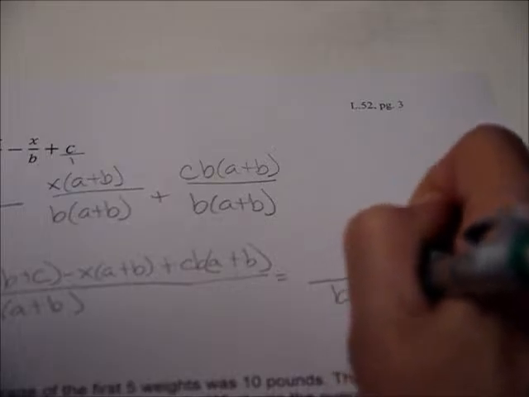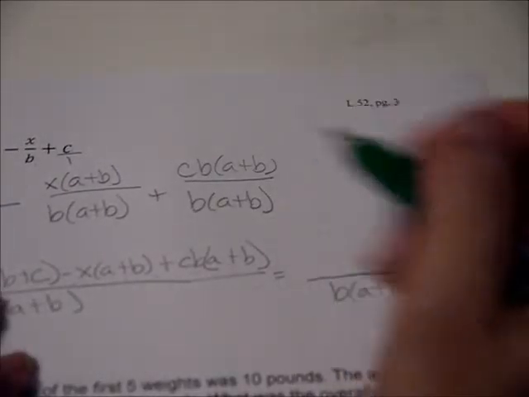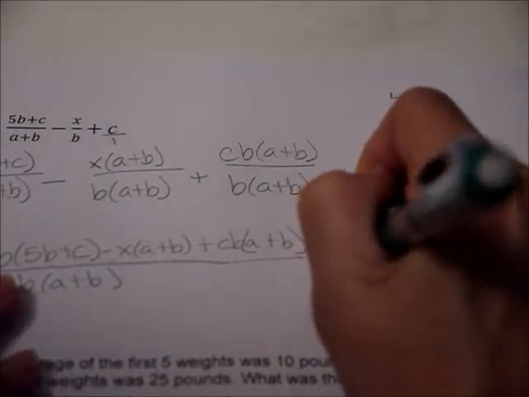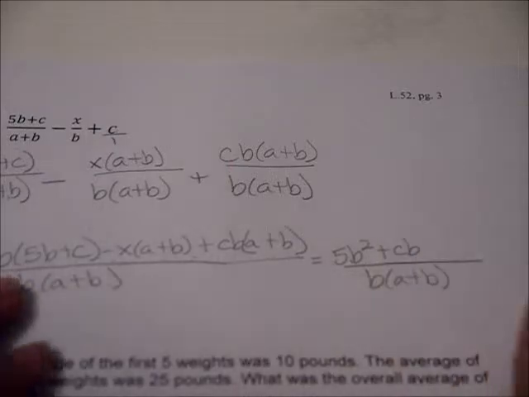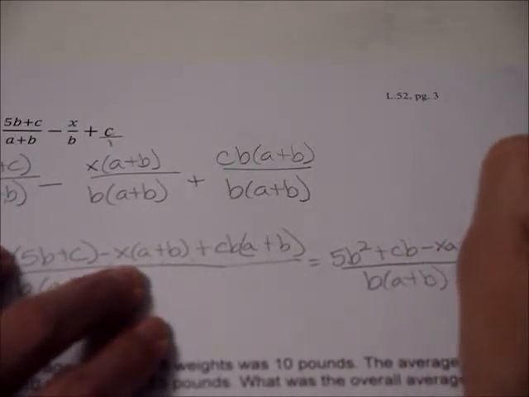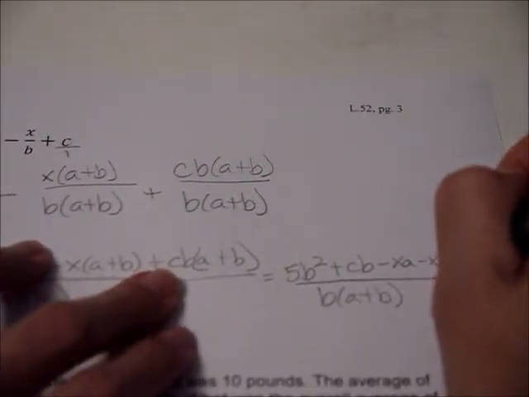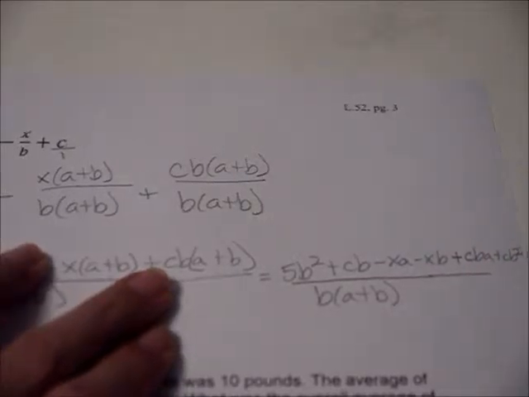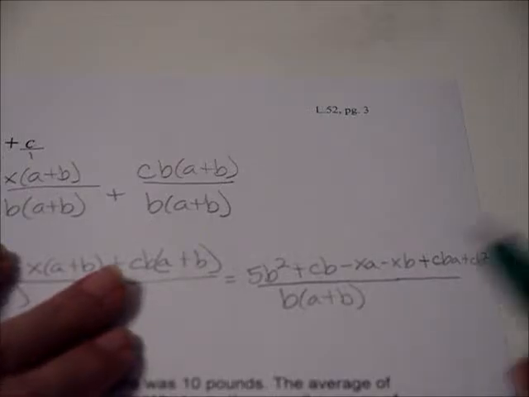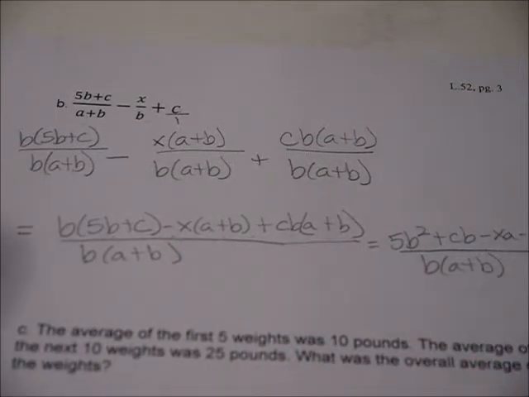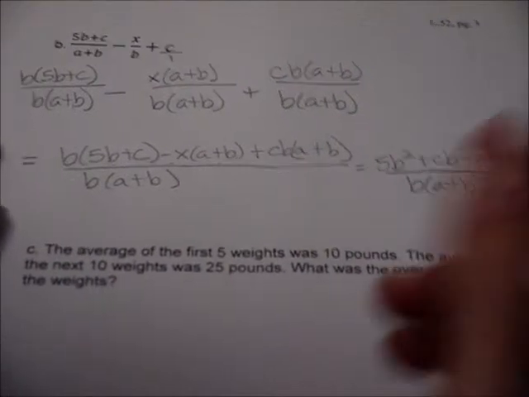They left the bottom like this, and we multiply the b times everybody inside, which would be 5b squared plus cb. Then the x times everybody, and then the cb times everybody. So, b squared, can you see that? cb squared. That might be what the solution manual says, but I have a feeling they left it right here. Again, call or text if you get stuck on that.